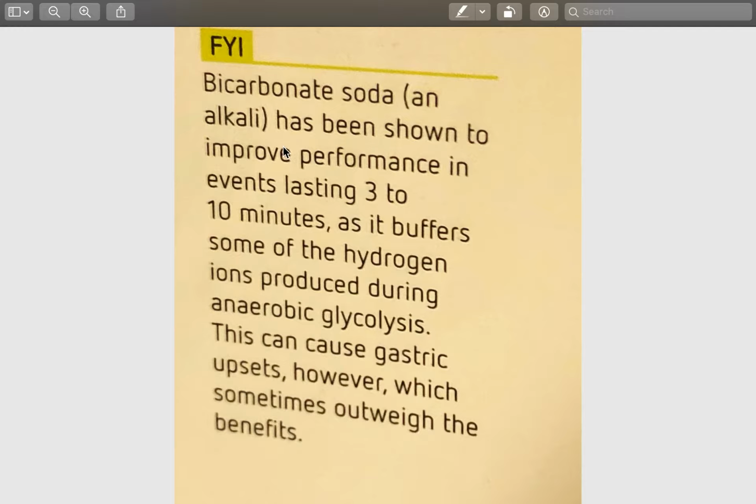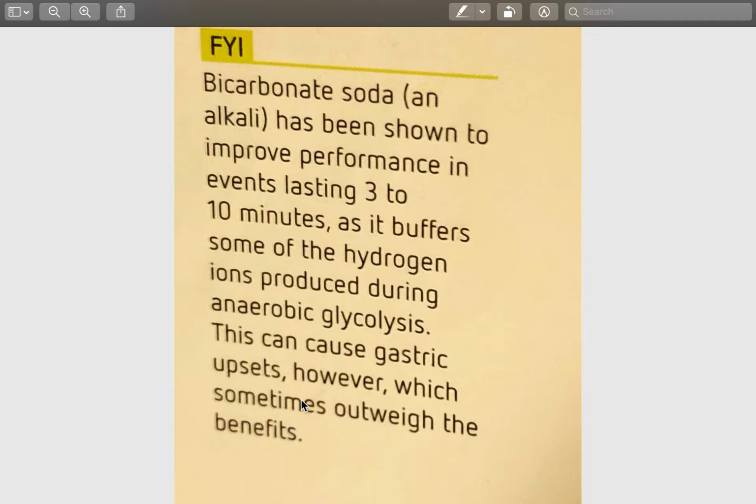So it's actually shown to improve performance on events from 3 to 10 minutes at a high intensity where we are going through the anaerobic glycolysis system, because the bicarbonate soda buffers some of those hydrogen ions out during production. This can cause some stomach upsets though, because we are automatically putting the bicarbonate soda in our body prior to exercise, which means we're actually filling the body with an alkali, which tips the pH out of whack for starters.